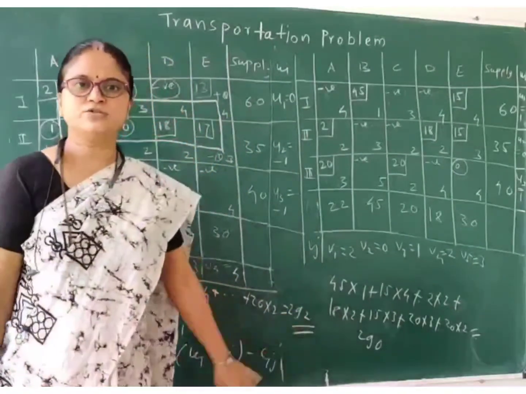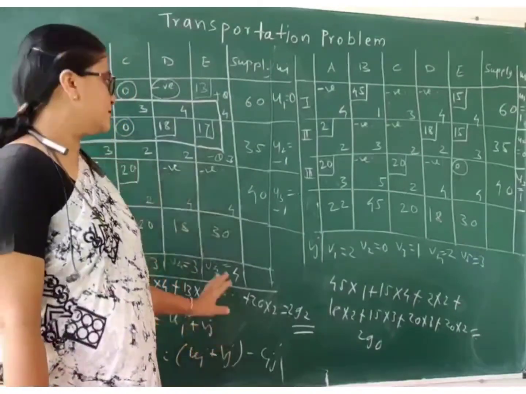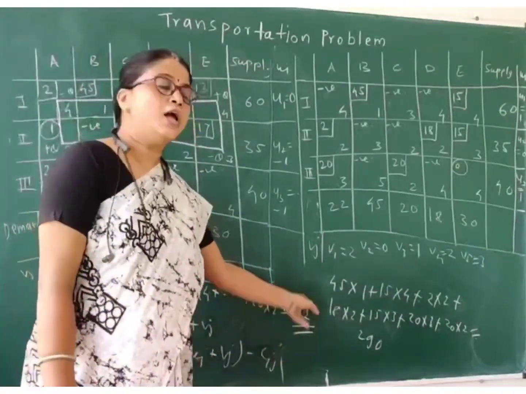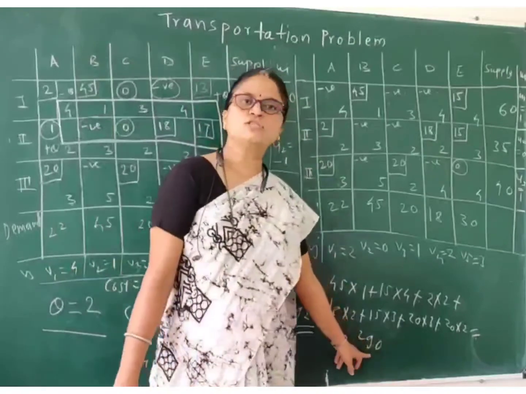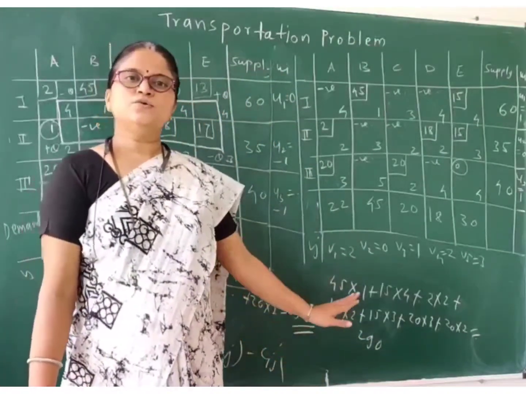The cost for this table is 290. So if you observe both costs, for my first table the cost is 292 and for my second table the cost is 290. That means it is the reduced cost.